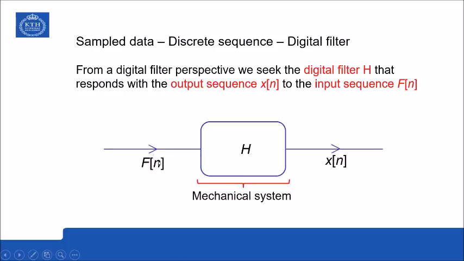So we have here our schematic picture, and if we excite this system, if we feed the system with an input exciting force sequence f, then as the measured output, the responding output, we will be able to measure the displacement sequence xn.